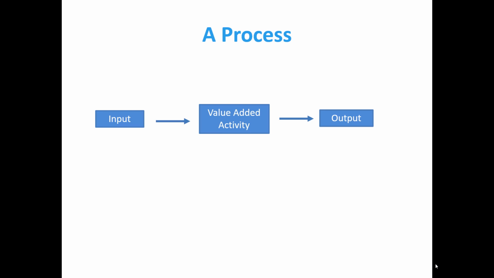Our input would be putting in the dishwasher tab and the dishes, and having water go into the dishwasher. The value added activity would be the washing of the dishes, and the output would be clean dishes.